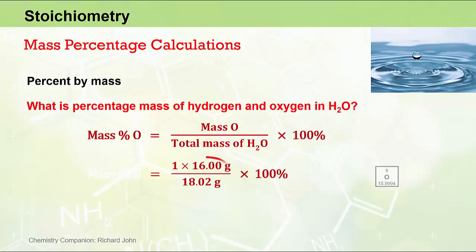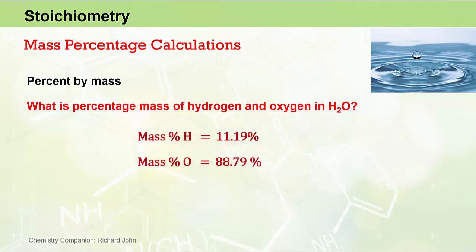And again, we see that this number here is derived from the periodic table, the mass of 1 mole of oxygen rounded to 4 significant figures. And this number here is the mass of 1 mole of the entire compound. And when we plug those numbers into our calculator, we get the value 88.79%.